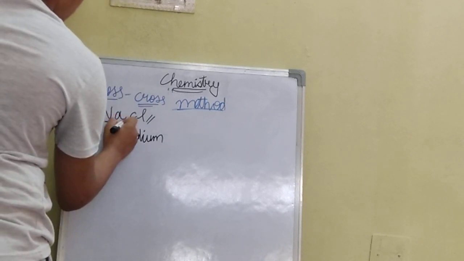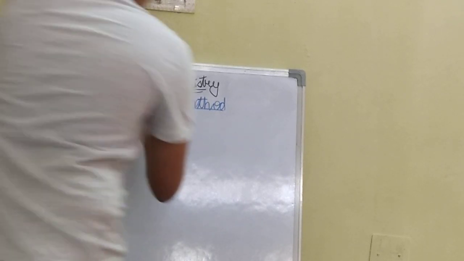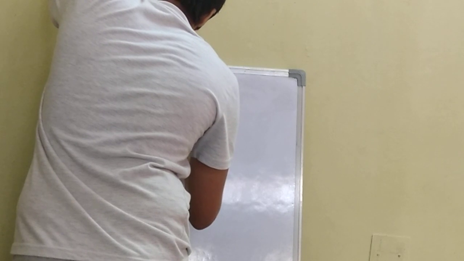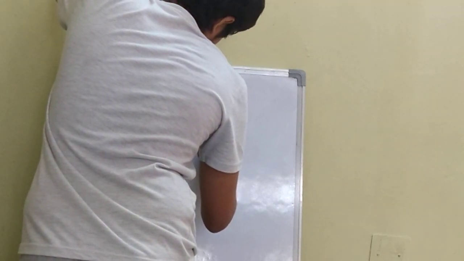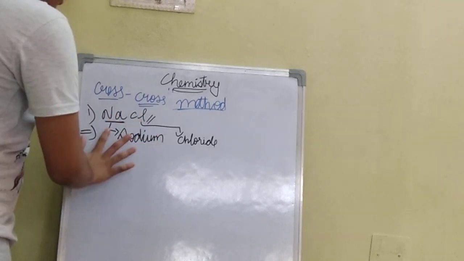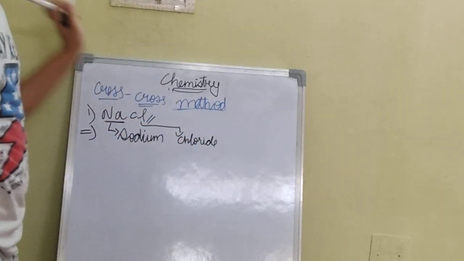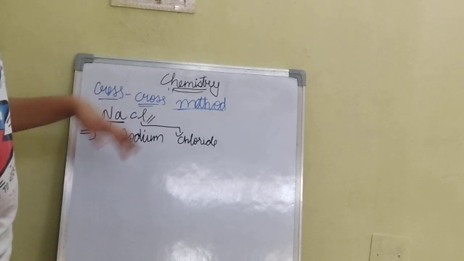Na means sodium. Cl is chloride. Sodium and chloride together are called sodium chloride.